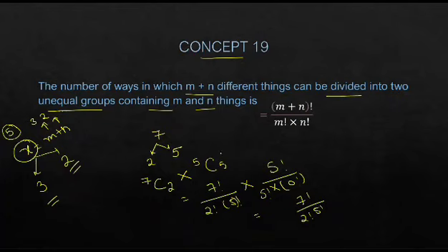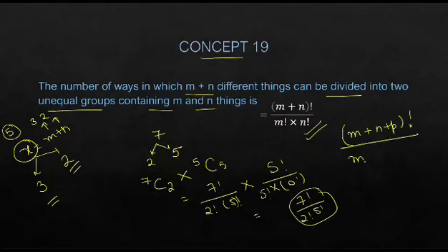This was the case for dividing into two unequal groups. The case could have been when we need to divide into 3 unequal groups. So again, if we take an example and solve it this particular way, in the end what we get is this. So we'll simply use this formula, and in case of division into 3 unequal groups, we'll write m plus n plus p whole factorial, and below m factorial into n factorial into p factorial.